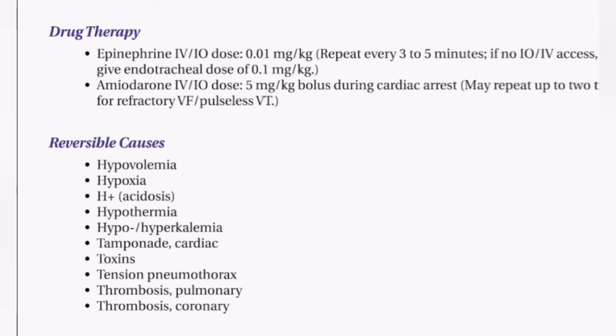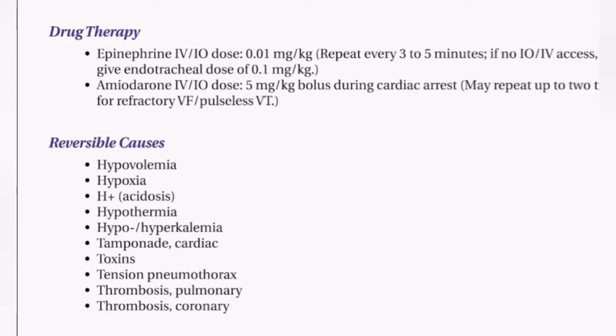After you give 2 shocks and 1 epinephrine, and the patient is still, after 2 minutes, in ventricular fibrillation or ventricular tachycardia without pulse, you give an antiarrhythmic medication like amiodarone 5 milligram per kg, and you can give up to 2 doses of amiodarone till the patient regains spontaneous circulation.